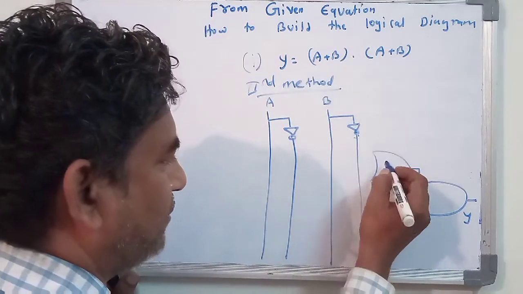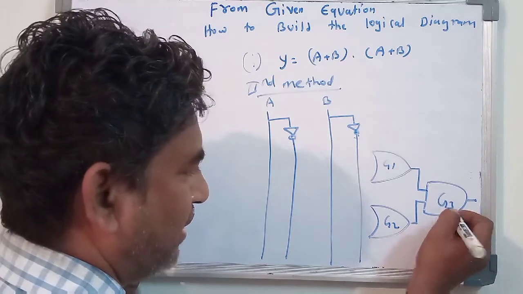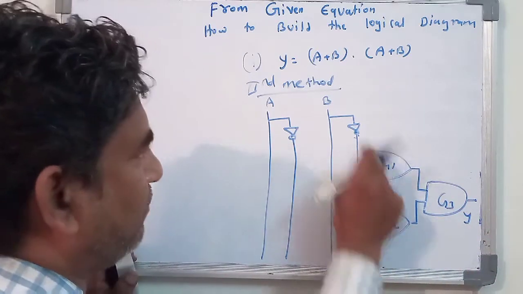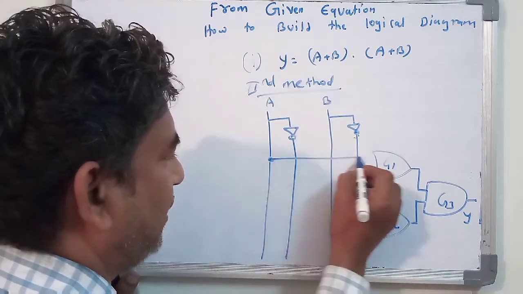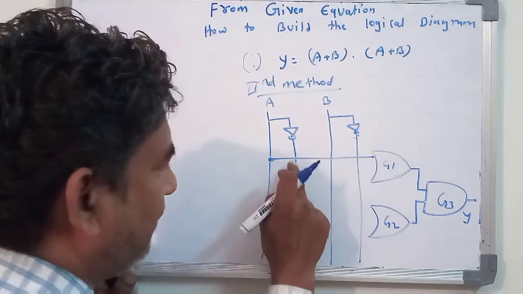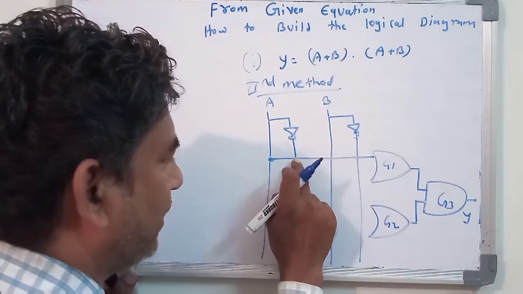Now for the first gate, that is G1, second gate, that is G2, and third gate, that is G3. For the first gate, that is A plus B, this A line you have to use, and you have to connect the line like this. In between we have cut the line. You don't draw the dot here.